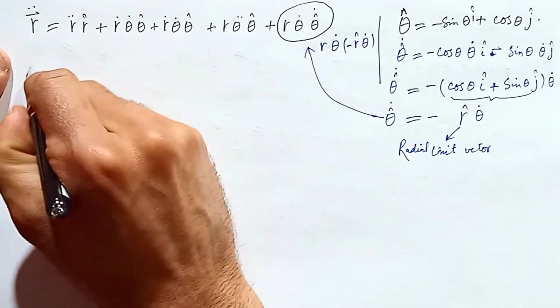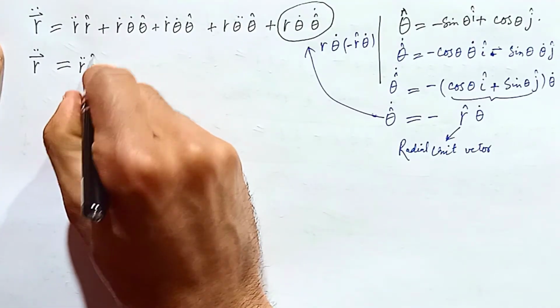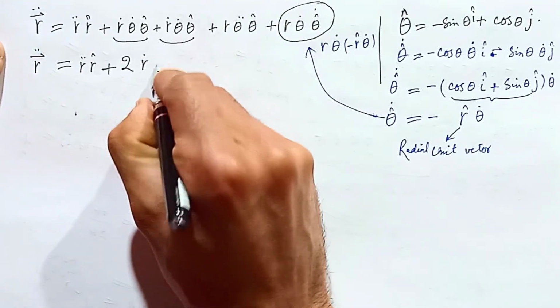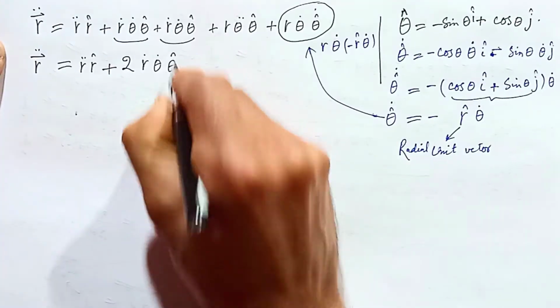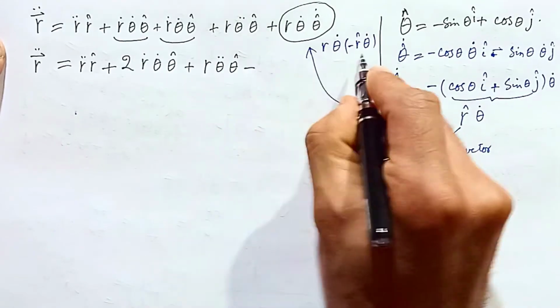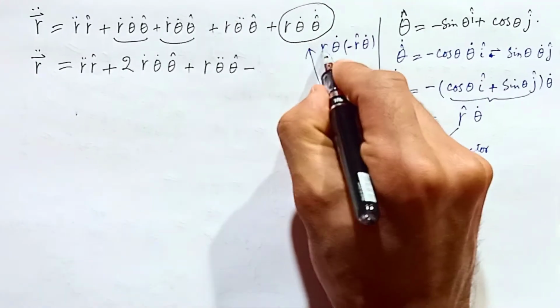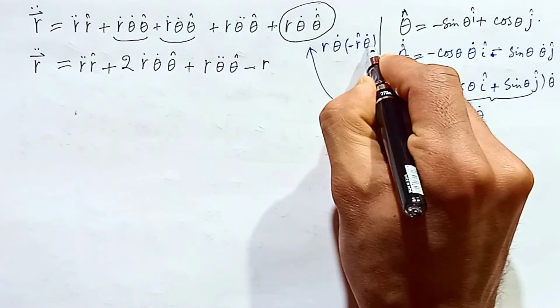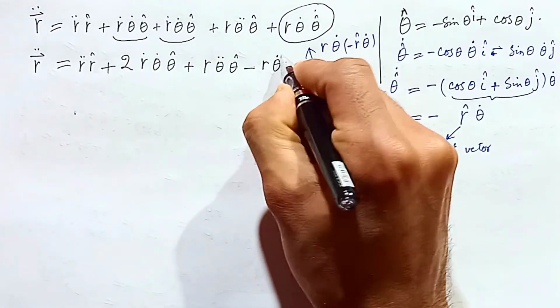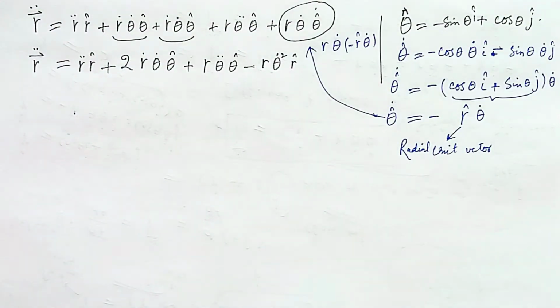Fine, substituting this here, we get ultimately the double differentiation of the position vector r equal to r double dot r hat, plus 2 times r dot theta dot theta hat, plus r theta double dot theta hat, minus, because this is minus inside the brackets and plus is outside, r theta dot square along the radial unit vector r hat.